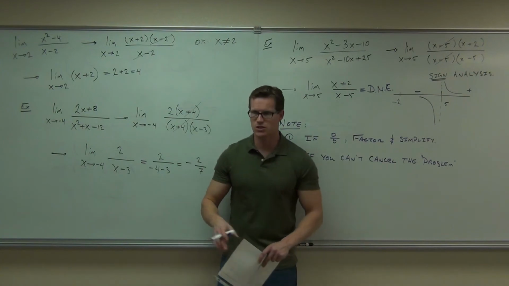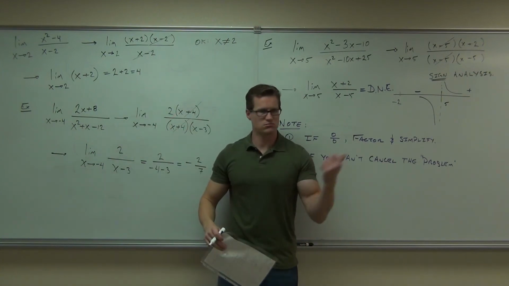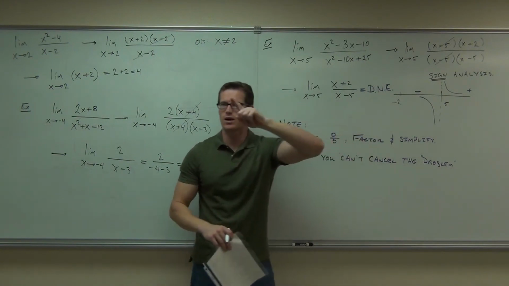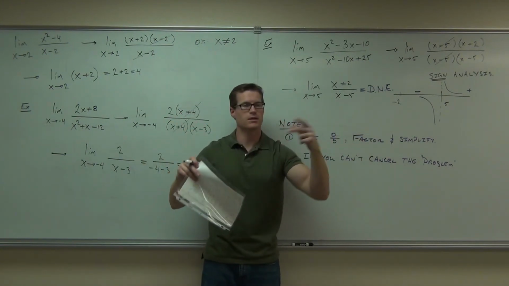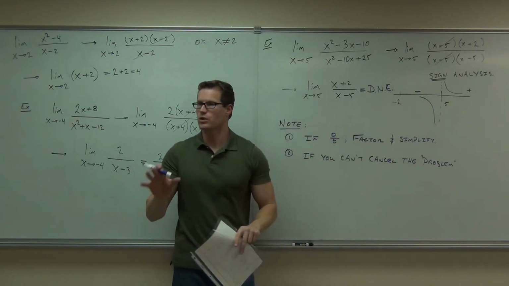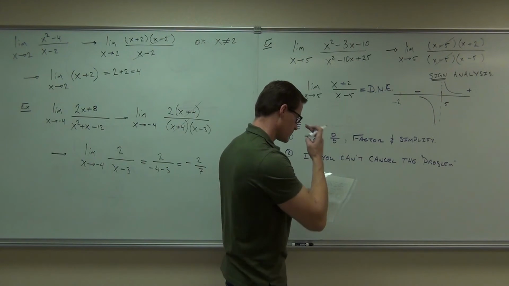So two situations. Holes, cancel them. Great, done. Not holes, those are asymptotes. Sign analysis will show you what that does around the asymptote. If they go into the same thing, it exists. Positive infinity or negative infinity. If it's not, then it doesn't exist, and that's the only way you can show that for us.